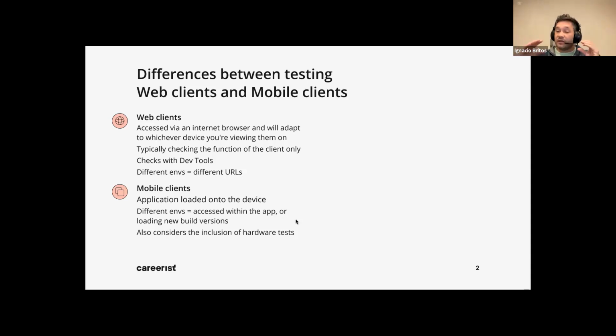So here you have the first difference. For web clients, you always use a web browser to access the internet, and that also adapts to any device that you use, a personal computer or desktop computer. For mobile clients, you will need a device.